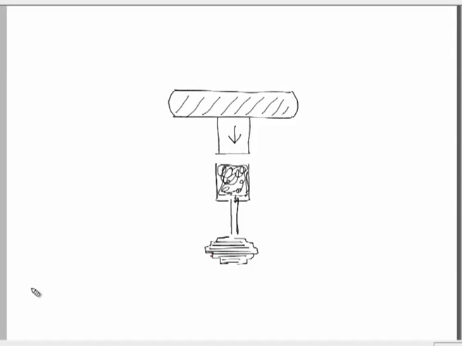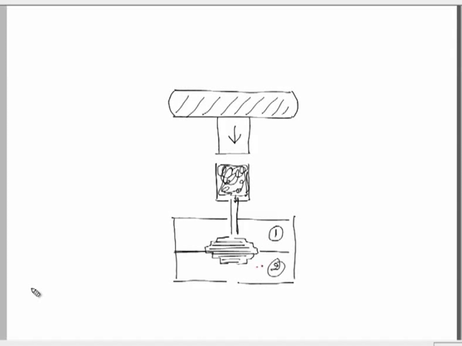Now this will not be open, this would be made into die halves. So this is made in two die halves. This is the first half and this is the second half.